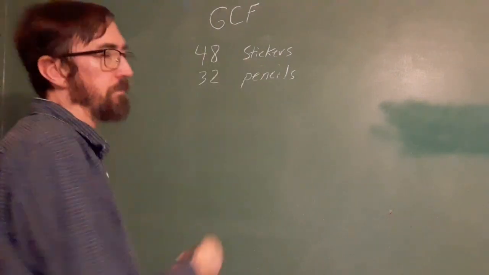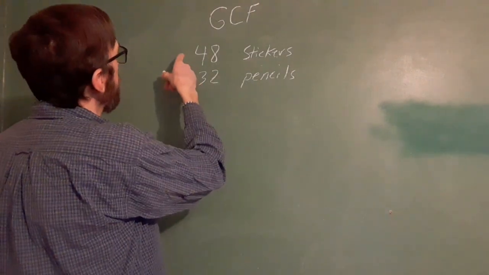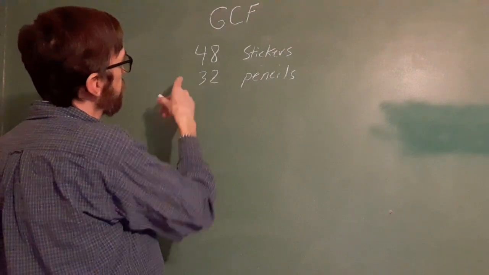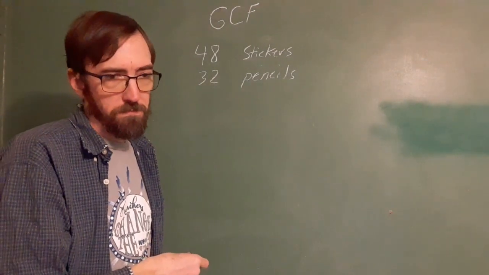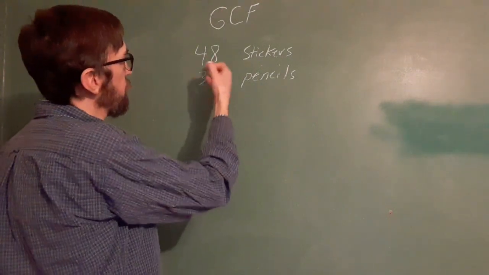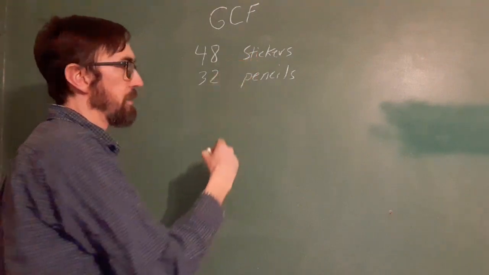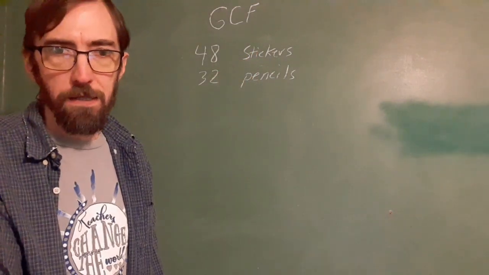The product of these is not important. What we need to do is take each of these and divide it by the same number. And those quotients are going to represent the number of each of these things in each bag.